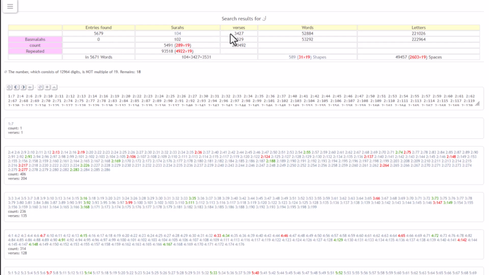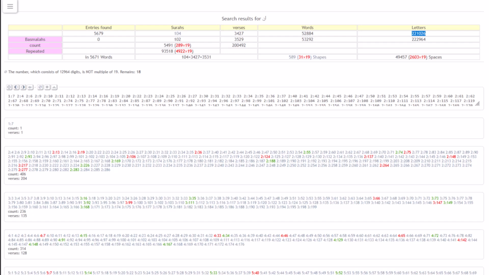So this word exists in 3,427 verses, and these verses have 52,884 words, and the same, these verses have 221,026 letters.